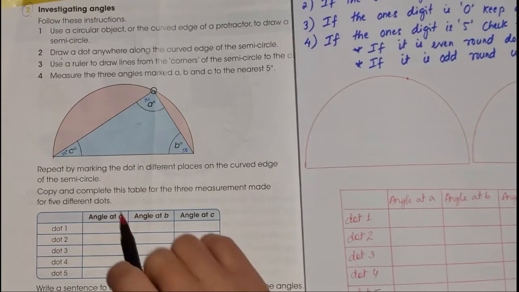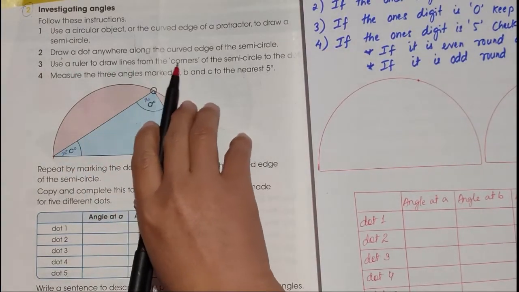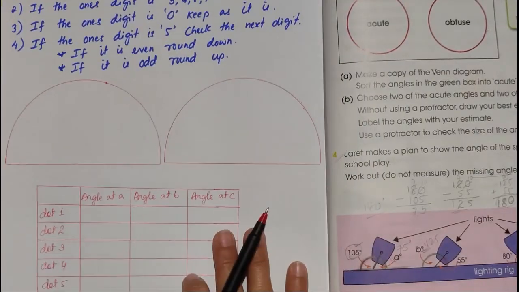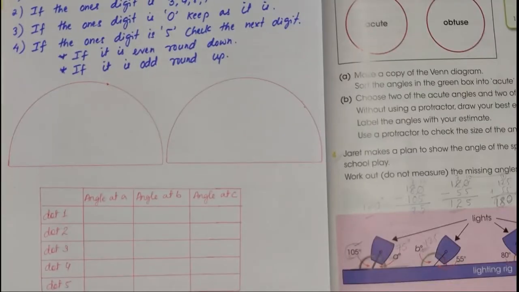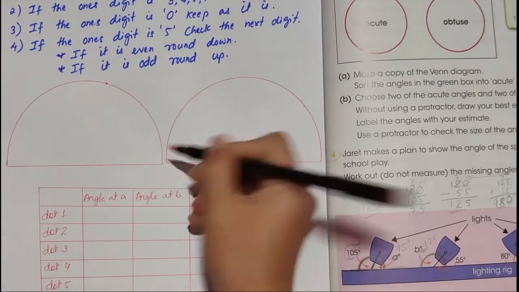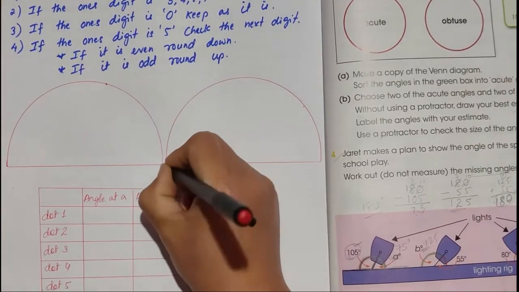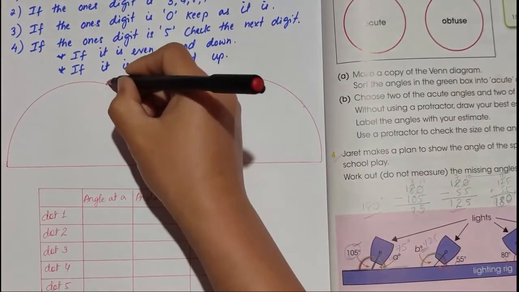And then step number 3, it says use a ruler to draw lines from the corners of the semicircle to the dot. So here we have a semicircle, we have 2 corners. So these are the corners of the semicircle. So we're going to join these corners to this dot.